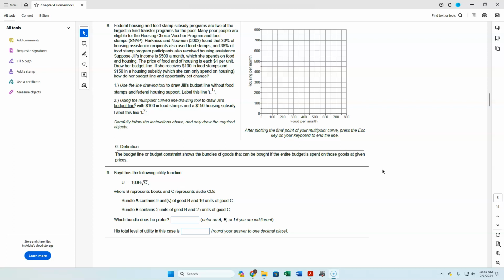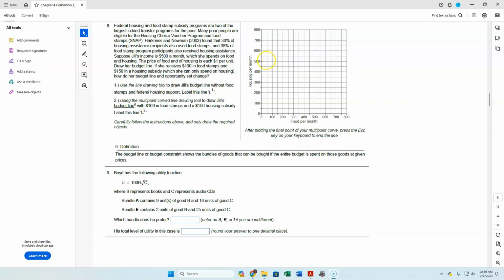So here we're told that she gets $500 a month as income. So obviously she can spend that on whatever she wants. Then she gets $100 in food stamps, $150 in a housing subsidy. So what would that budget line look like?